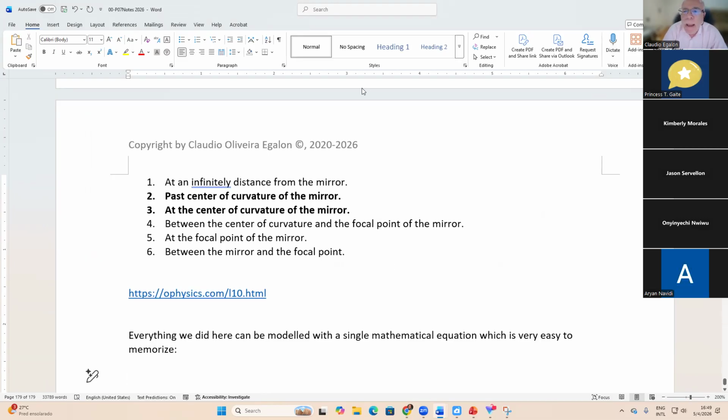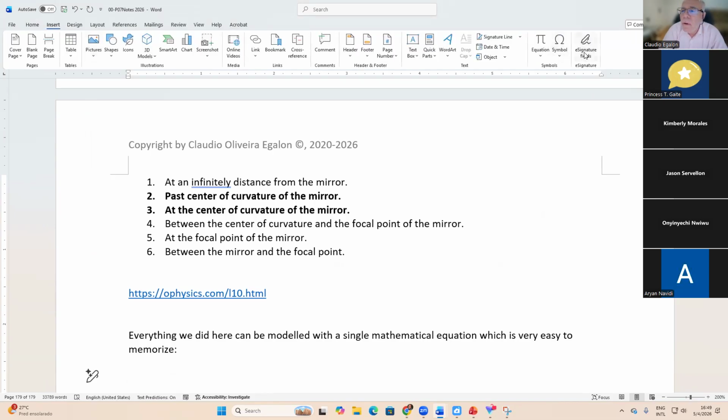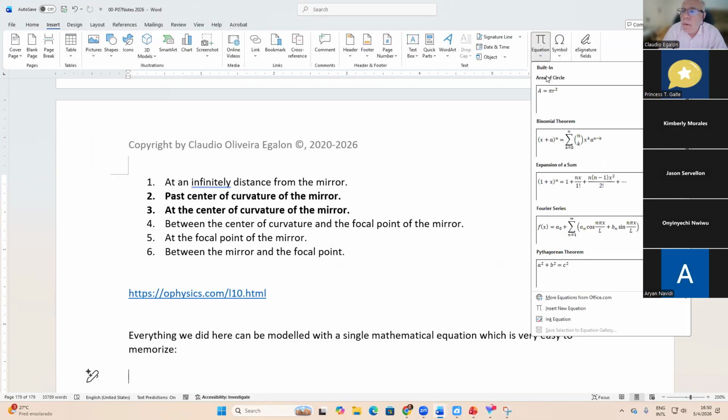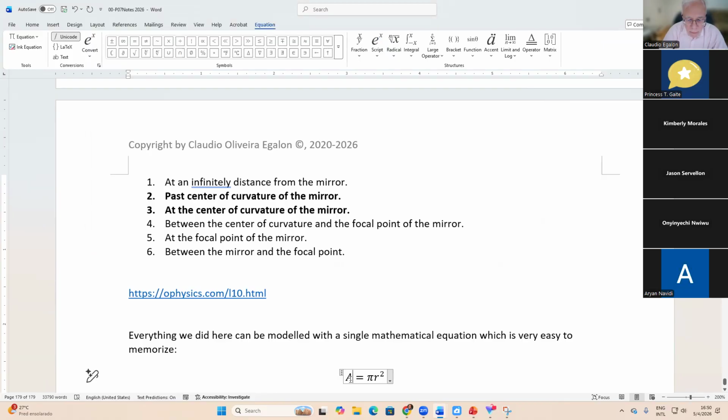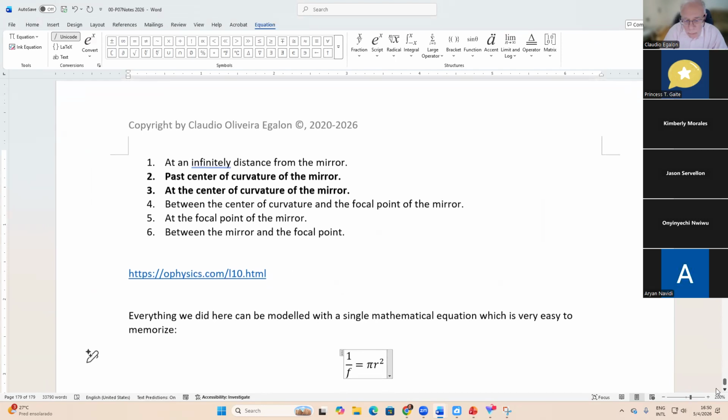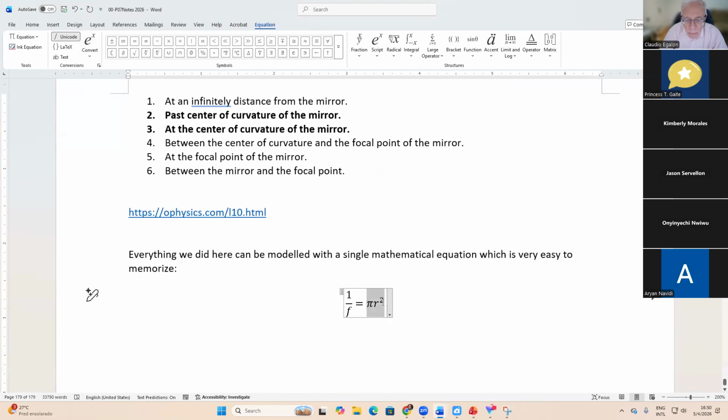Let's get my equations in place here. Insert equation right here. It goes like that: the inverse of the focal distance is equal to the inverse of the distance of the object plus the inverse of the distance of the image.